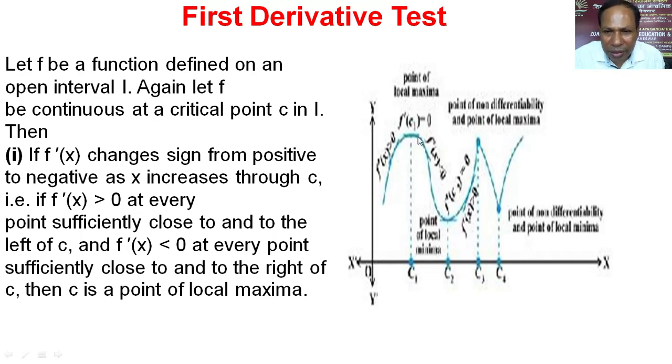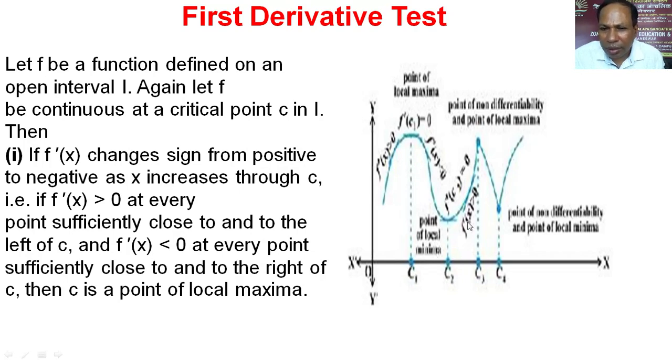Now in this diagram we find that to the left of c1, f dash x is greater than 0, and to the right it is less than 0. That means the derivative of the function is changing its sign from positive to negative as we proceed from left to right through c1. So we can say point c1 is the point of local maxima.